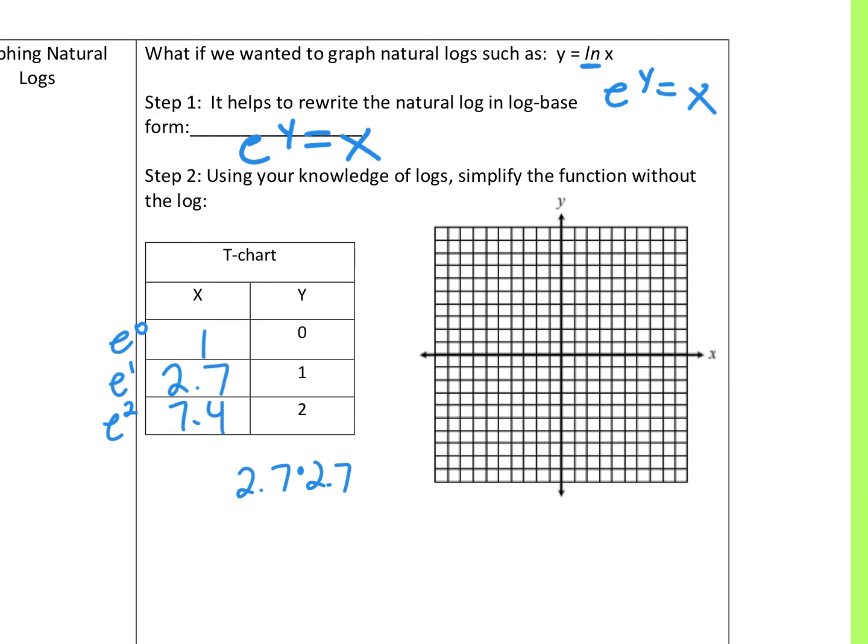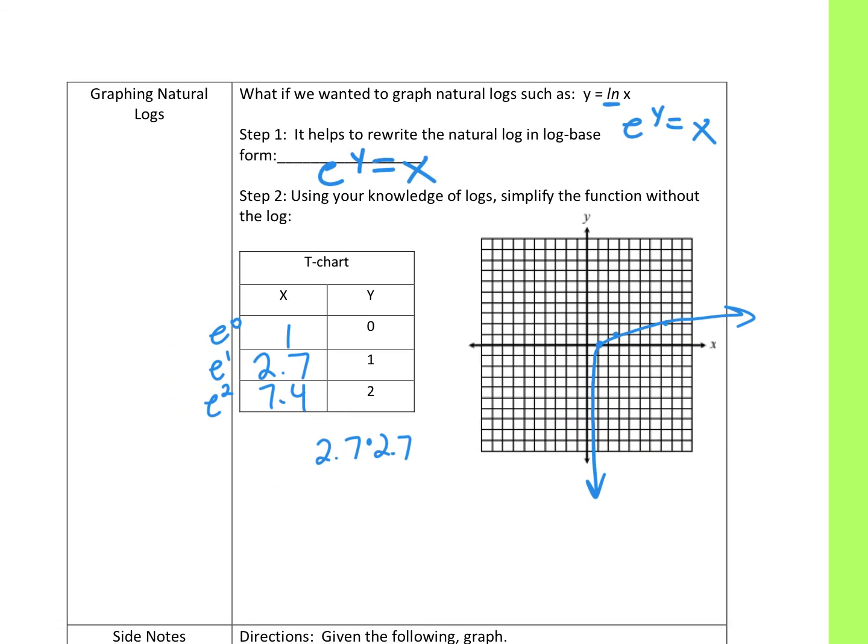Again, if I were not using a calculator, this is how I would do this. But we do get to use calculators, which means we are about to learn it that way. 7.38, which rounds to 7.4. Same thing. You guys good? Okay.